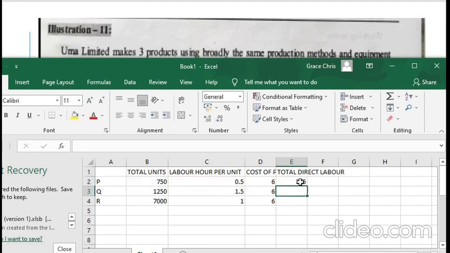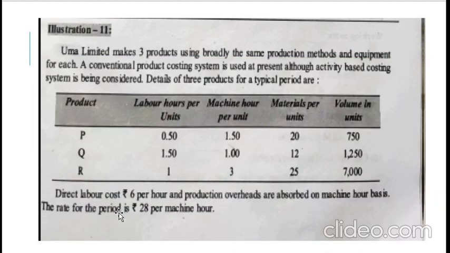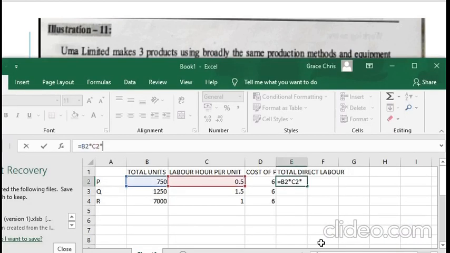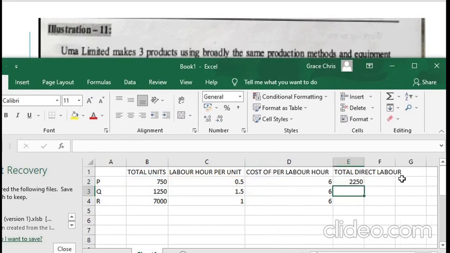With this 375 hours, we will multiply the cost per labor hour. As they have given in the question, the direct labor cost is rupees 6 per hour. So the cost per labor hour is rupees 6, and the answer will be 2250. I hope you understood the calculation.